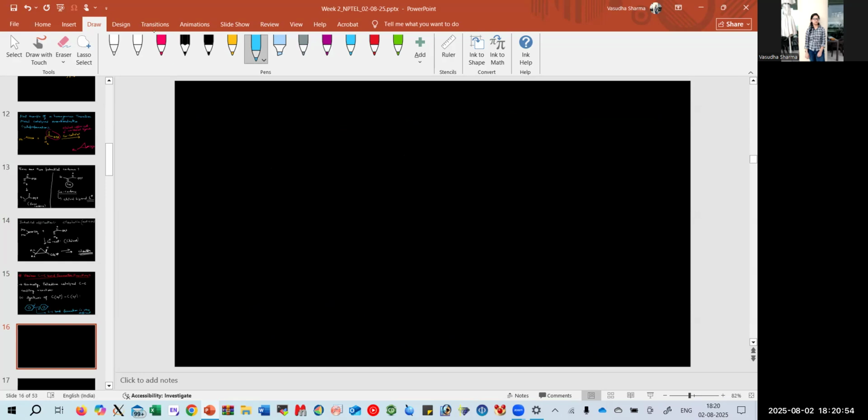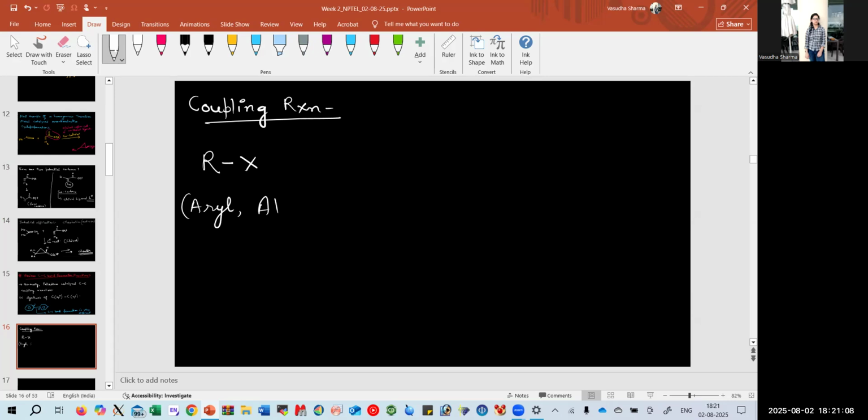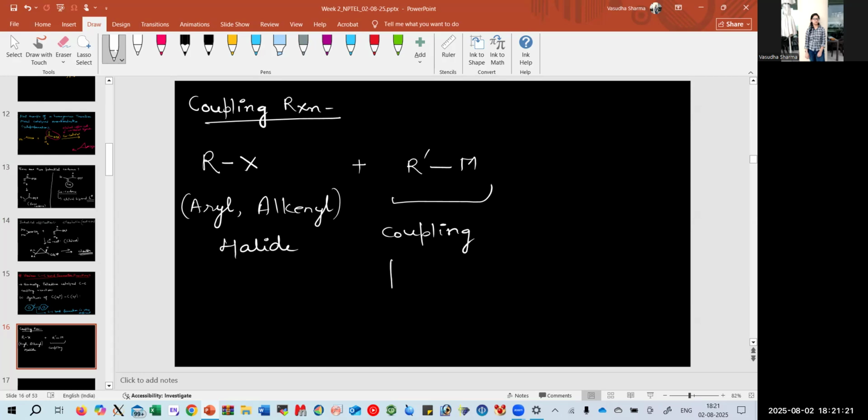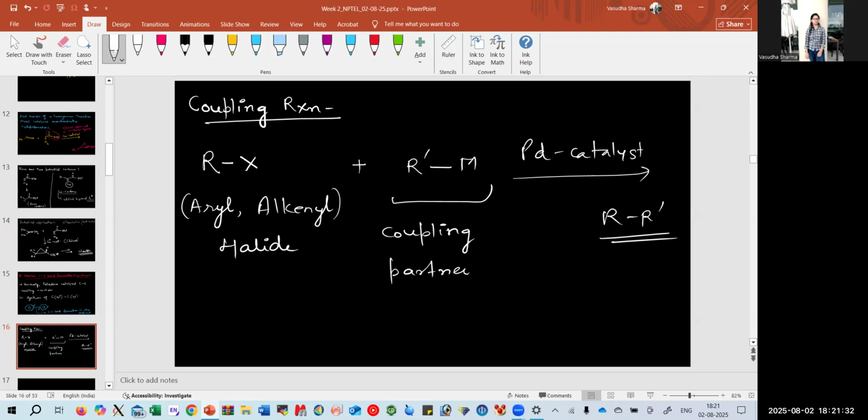So how do we do the coupling reaction? Generally, we have RX, which can be your aryl or alkynyl halide, and then you have R'-M. This is your coupling partner, followed by a palladium catalyst, and it will give you a product R-R'.